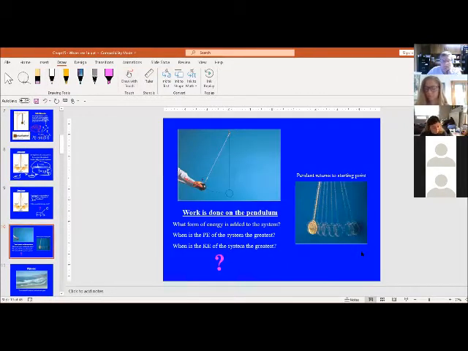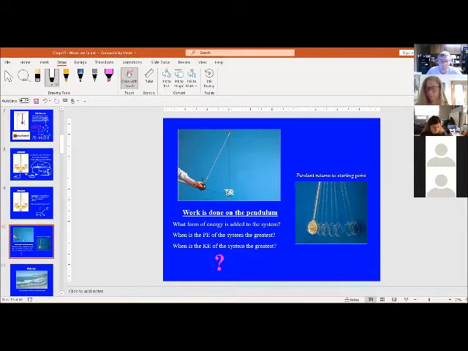So you see a lot of this is review. Oh, here we go again. These look familiar. So we're going to ask, what form of energy is added to the system? The ball was right here, and this guy comes around and moves the ball from here to here. What form of energy was added to the system?